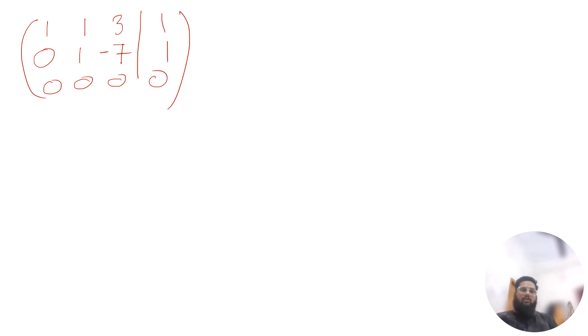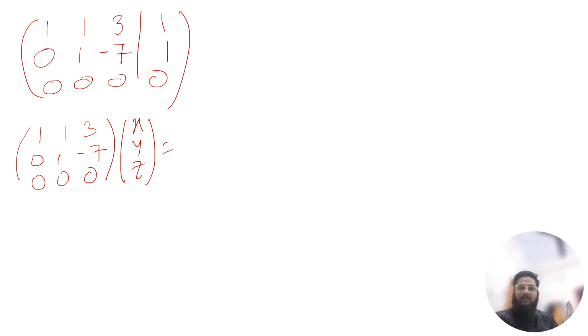This was the row echelon form of the augmented matrix, right? So again, according to the Gaussian elimination, we are writing the A matrix into the variables x, y, z, equal to the right hand side vector 1 1 0, right?